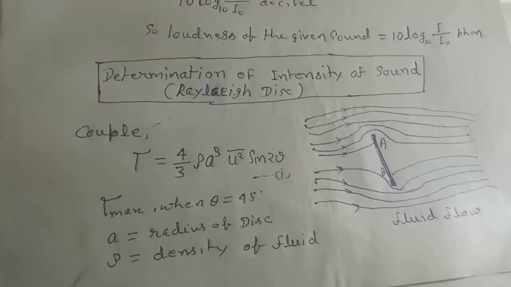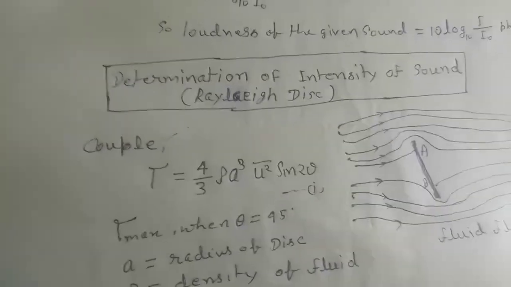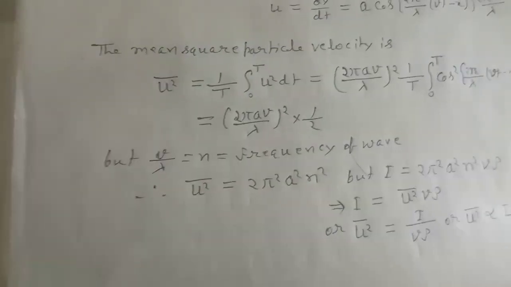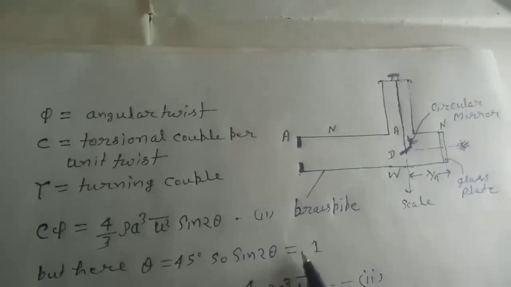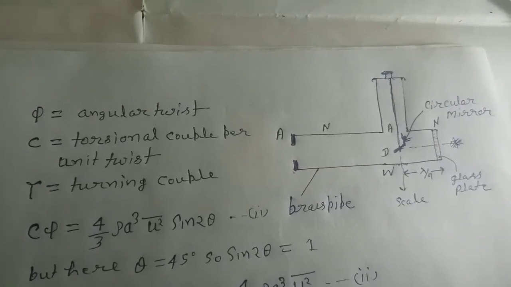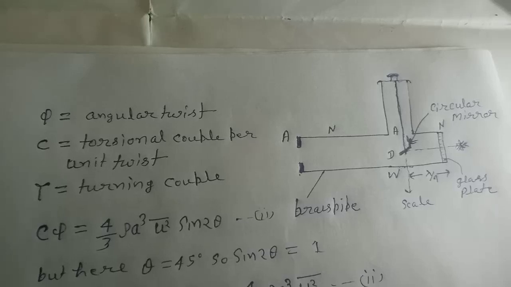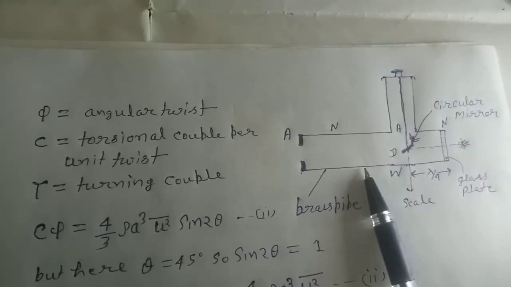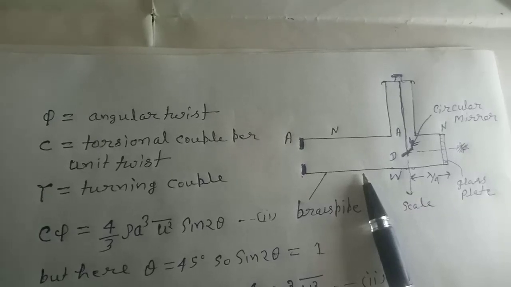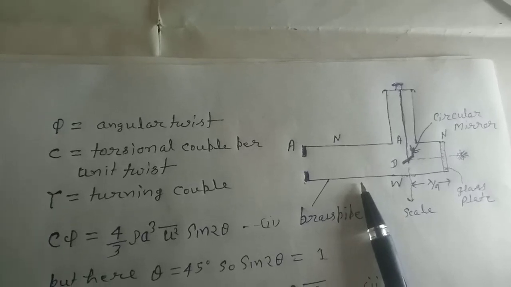The Rayleigh disk method shown in the figure consists of a brass pipe of length 3λ/4, where lambda is the wavelength of the sound which is to be compared.